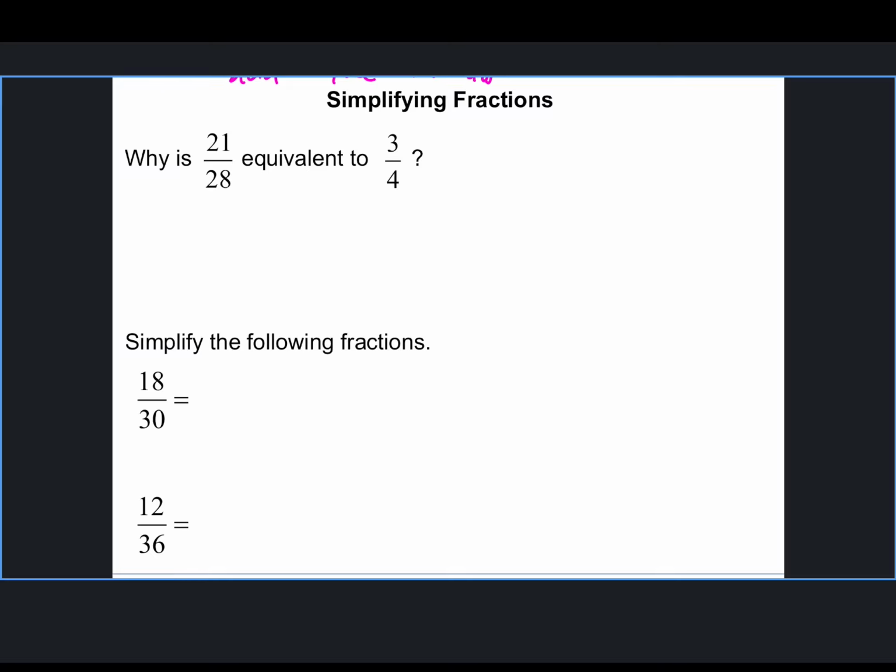So what does it mean for them to be equivalent? Go back into your notes. Yes, equal. I agree. But what does the definition for equivalent fractions say? Fractions used to represent the same quantity. So we're saying that 21 over 28 and 3 over 4 represent the same quantity.